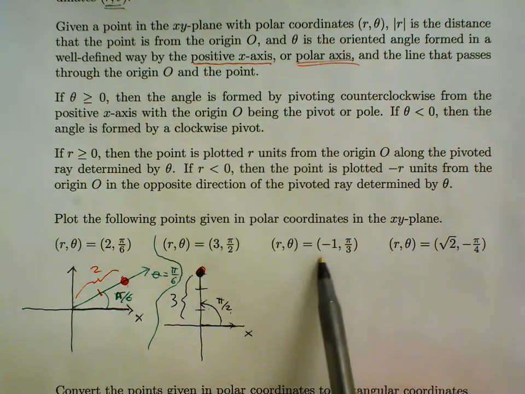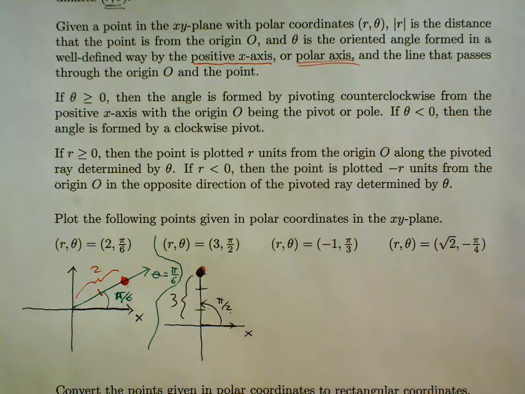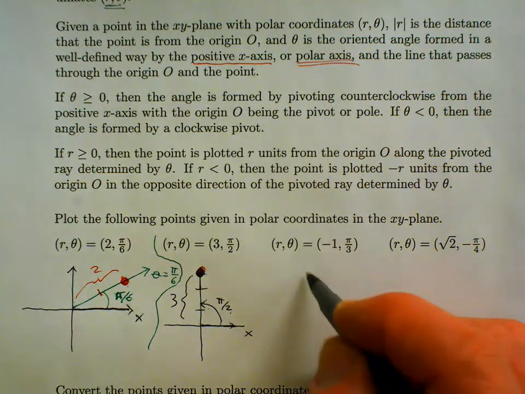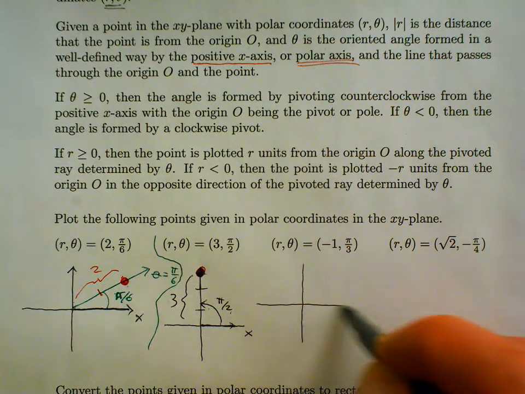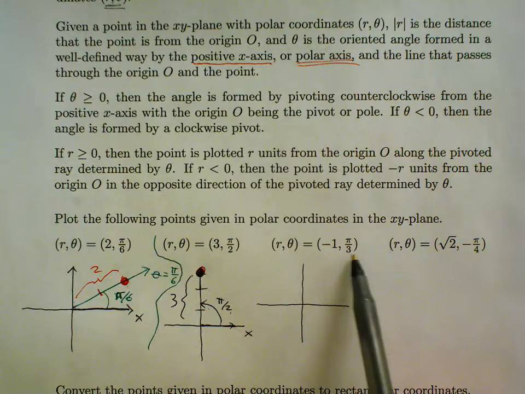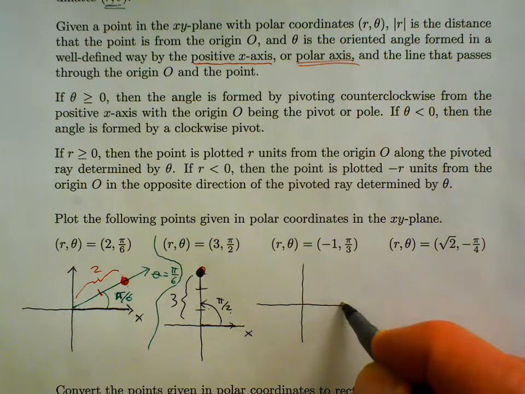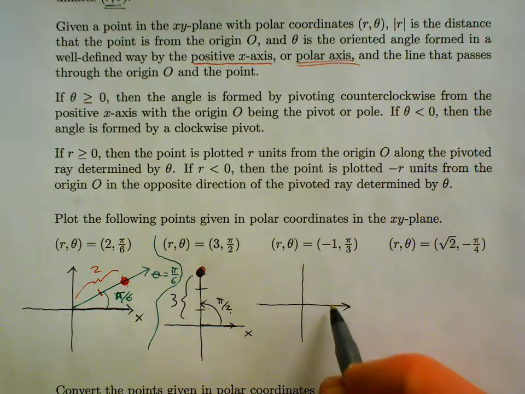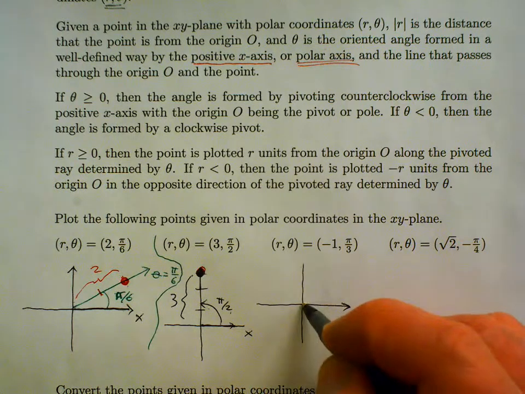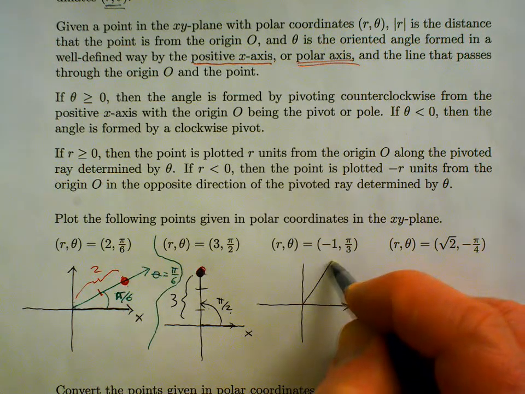In the next example, the polar coordinates are (-1, pi/3). Pi/3 is equivalent to 60 degrees. Since it's positive pi/3, we pivot counterclockwise 60 degrees, or pi/3 radians.